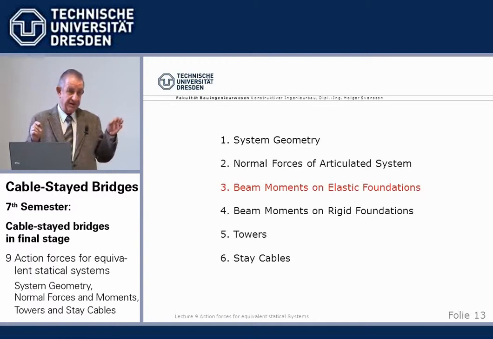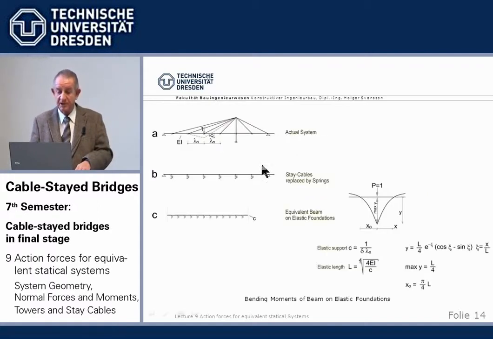If we want to calculate the beam moments, then we use as an equivalent system a beam on elastic foundation, ein elastisch gebetteter Balken. How do we go about it? Well, in the first step, we replace the elastic supports the stay cables provide for the beam by springs with the same stiffness, and then we smear out the individual springs to a continuous elastic support.